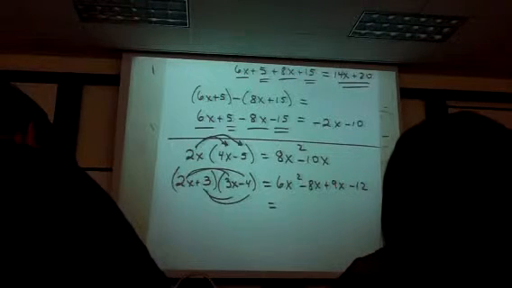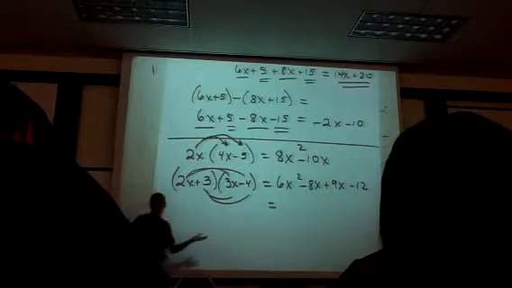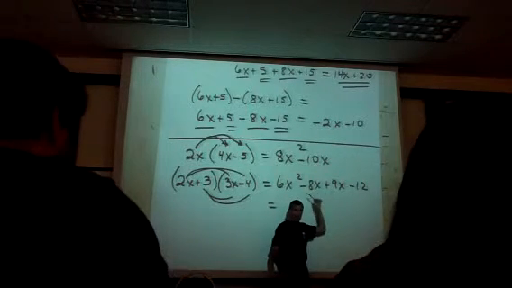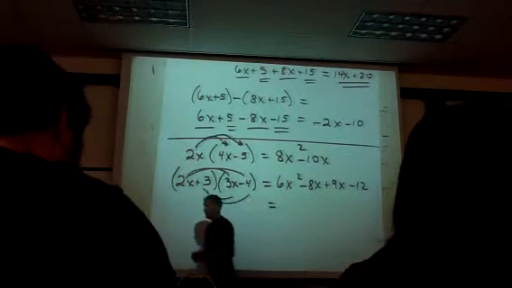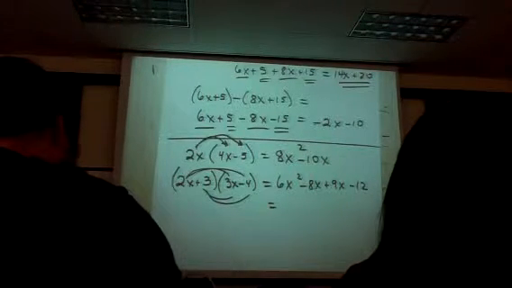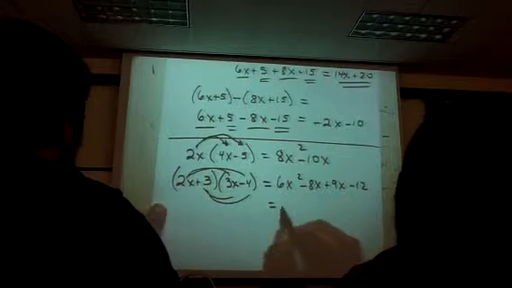And you know what typically happens with a FOIL? Typically, not always, but typically, the middle two terms will be like terms and you can combine them. And that's typically. Sometimes you end up with 4 terms, because these will not be like terms.